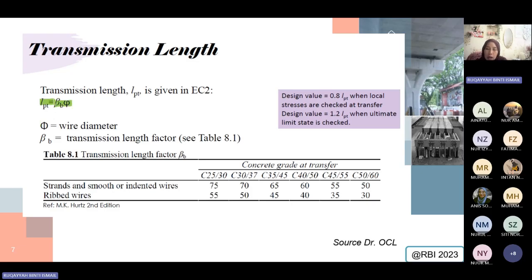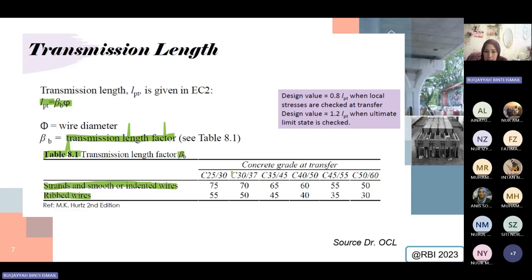Okay, so when we want to calculate our transmission length, we can also use this method whereby we calculate our beta B, which is a transmission factor. This transmission factor can be calculated by using Table 8.1, whereby your beta depends on whether it is strand or smooth indented wires, or ribbed wires, and on the concrete grade.